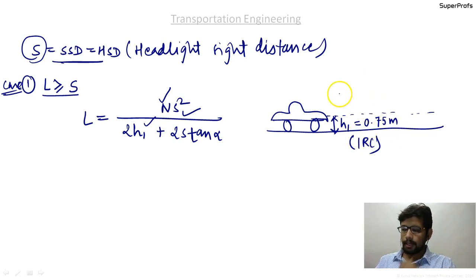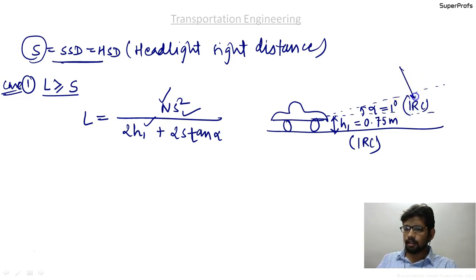And alpha is the angle, and this is the light beam. This alpha is the angle of the light beam to the horizontal, and alpha is equal to 1 degree as per IRC.